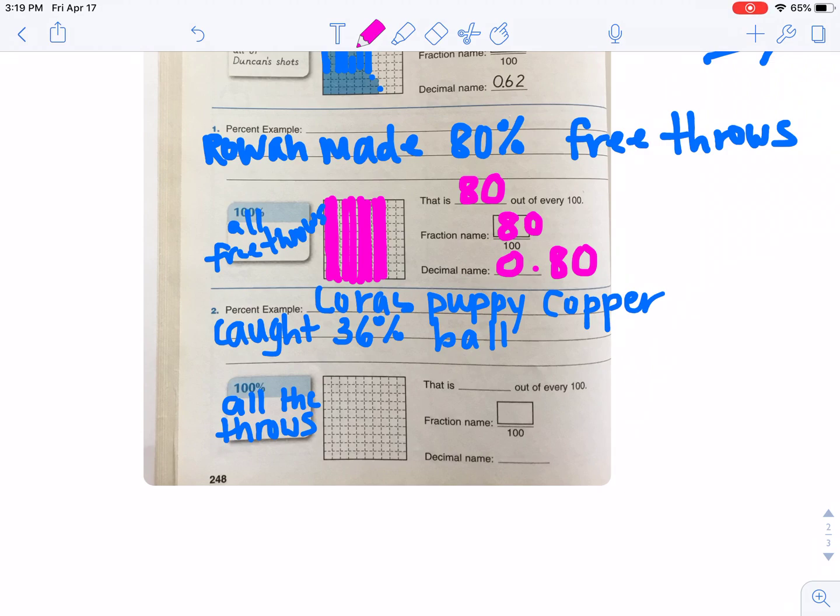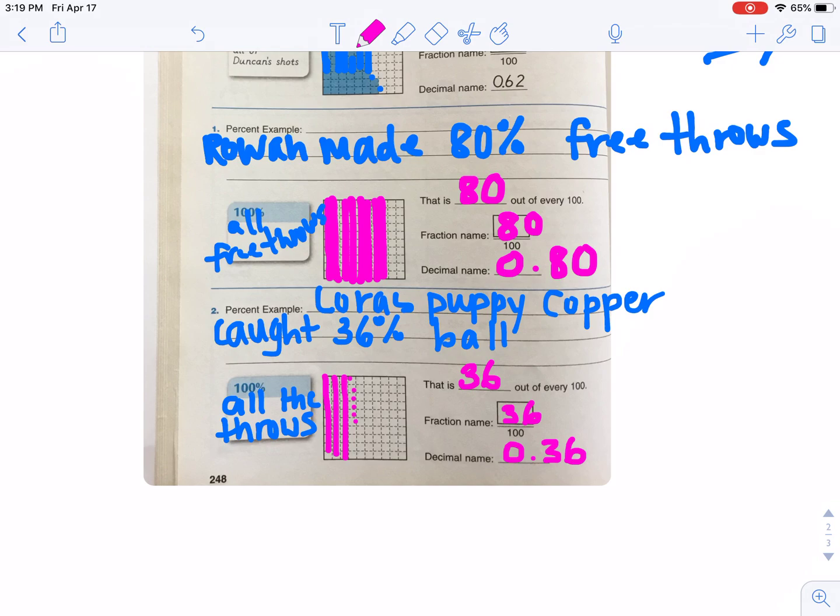Okay, so for this one, you should have done 10, 20, 30, and then 31, 32, 33, 34, 35, 36. And that's how much should have been colored. It should have been 36 out of every 100, which also can be written as 36 over 100, and that is actually 36 hundredths. And there is that page.